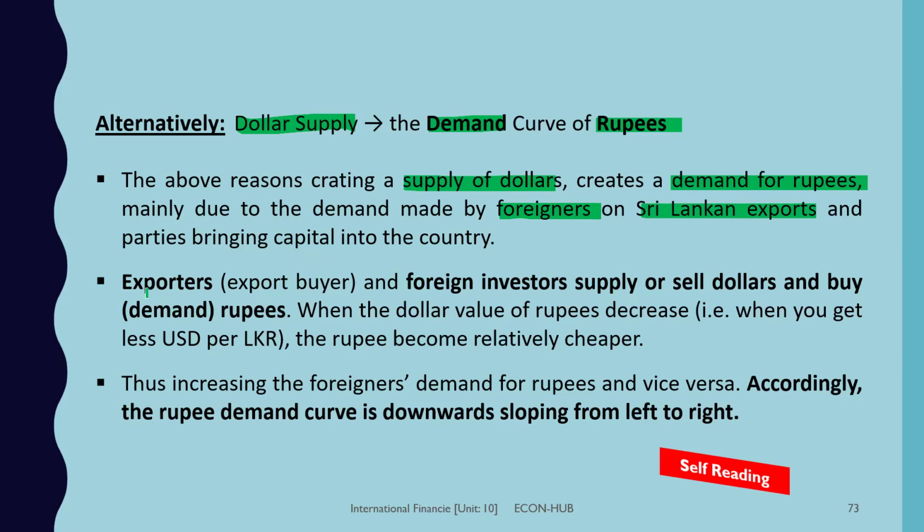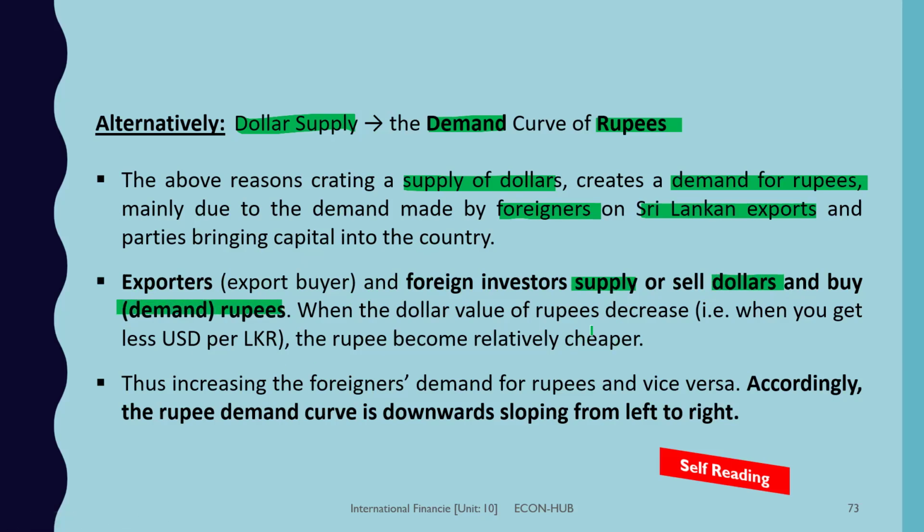Exporters, export buyers, that is people who buy our exports, and foreign investors supply or sell dollars. They are the ones who supply dollars. And they buy or demand Sri Lankan rupees.